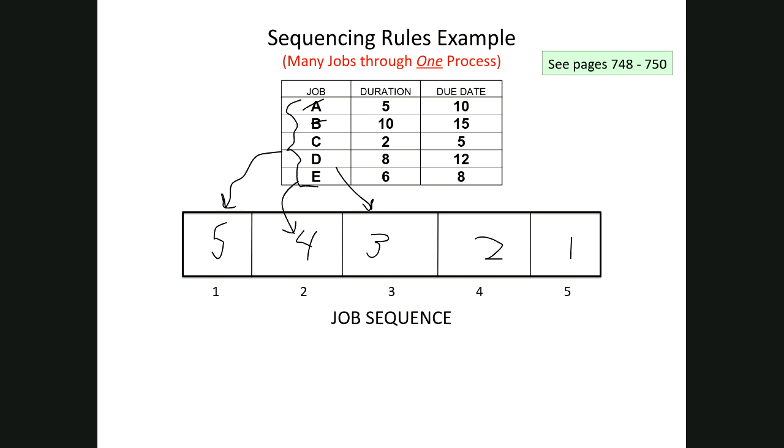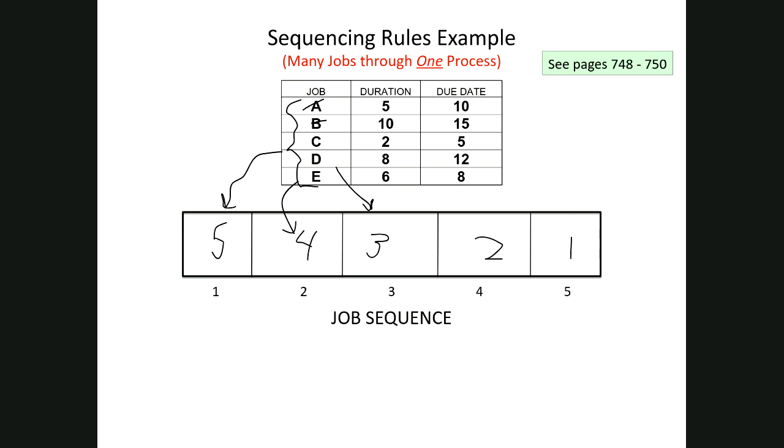And so the number of possible sequences is 5 times 4 times 3 times 2 times 1. And when you do the arithmetic, that turns out to be 120 possible sequences.